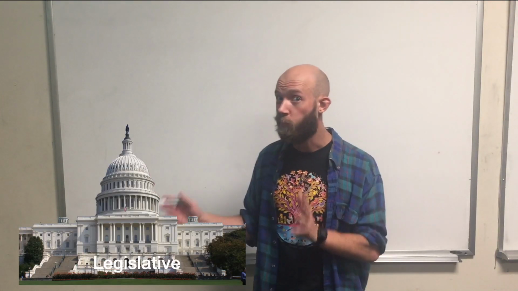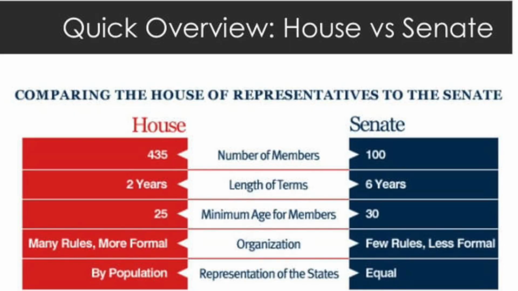Alright, the legislative branch drafts proposed laws, confirms or rejects presidential nominations for heads of federal agencies, federal judges, and the Supreme Court, and has the authority to declare war. This branch includes Congress, which is made up of the Senate and House of Representatives. American citizens have the right to vote for senators and representatives through free, confidential ballots.